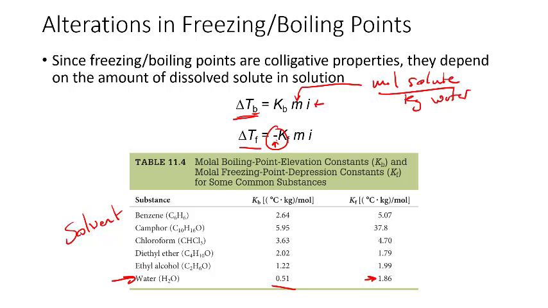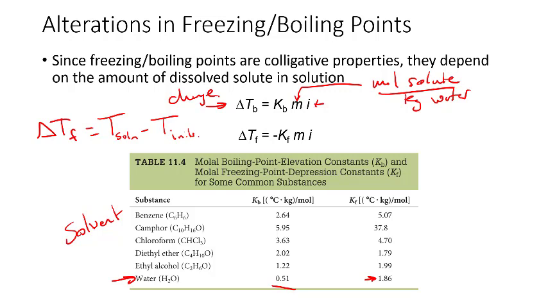One last thing to note before we finish this video: these are delta temperatures. Delta means change. So delta T sub f is equal to the temperature of our solution minus our initial temperature.